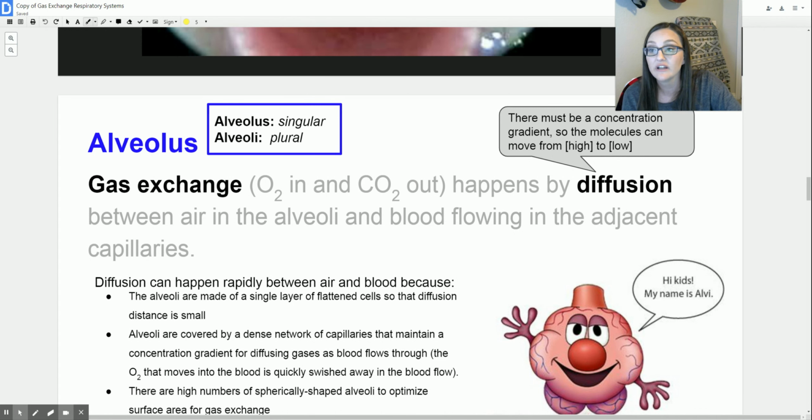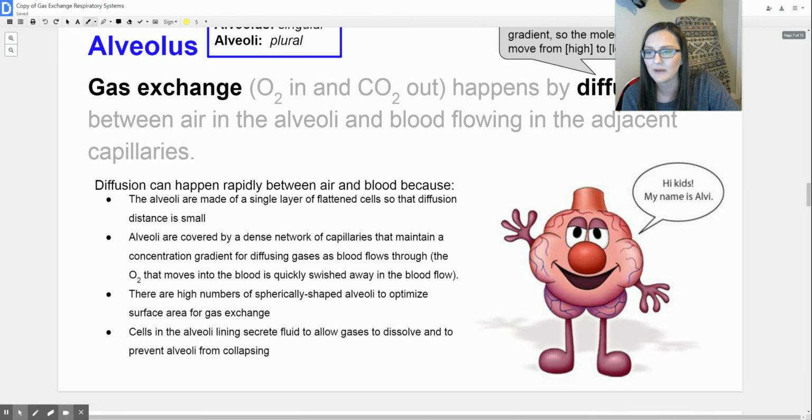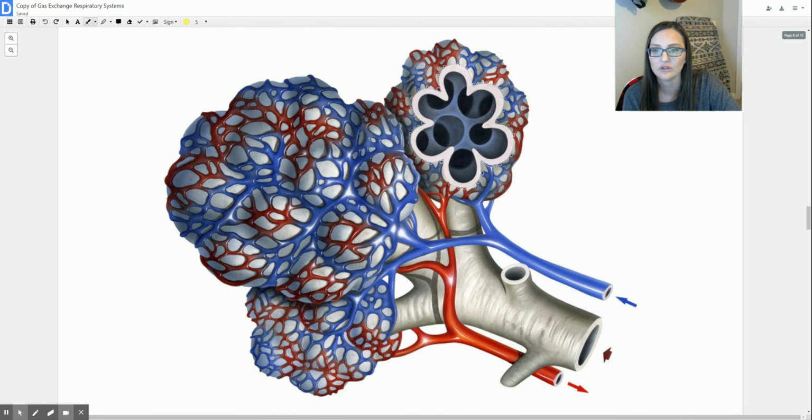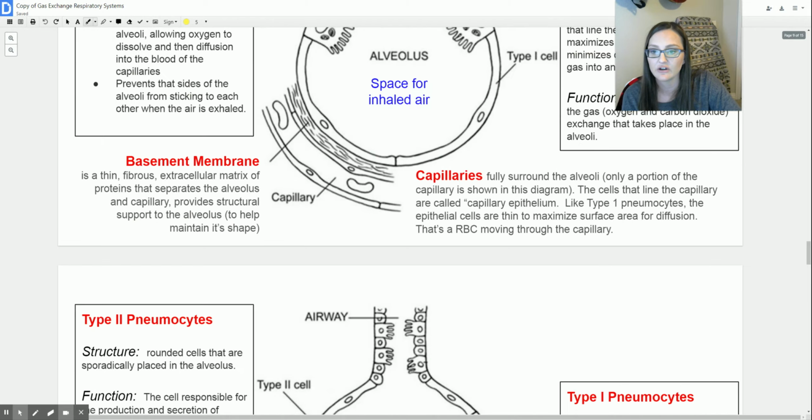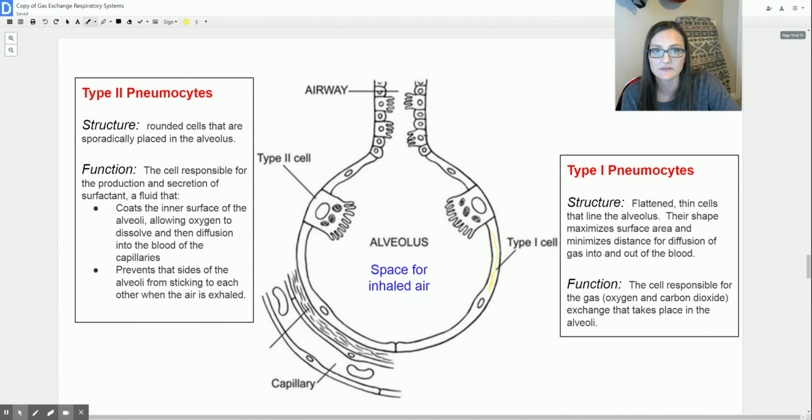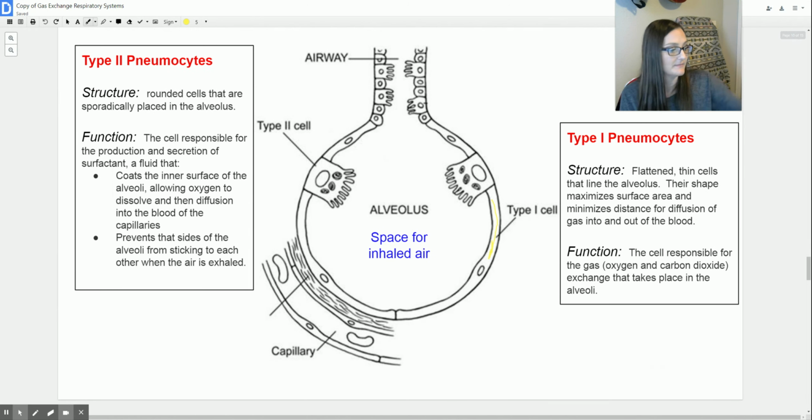Our topic today is going to be the alveolus or alveoli, and we're going to talk about the exchange of oxygen and CO2. Let's start with this diagram. There are type 1 pneumocytes and type 2 pneumocytes. What does that mean?